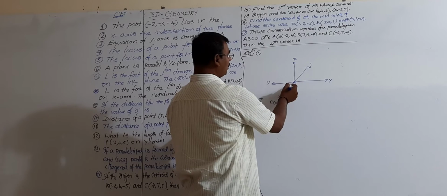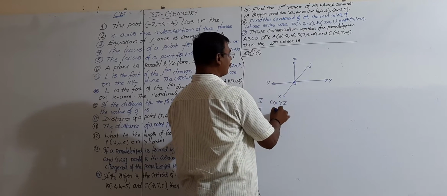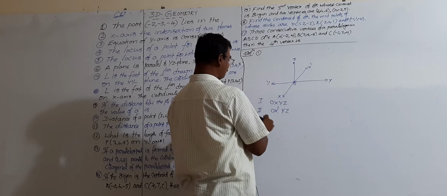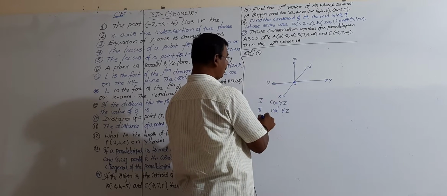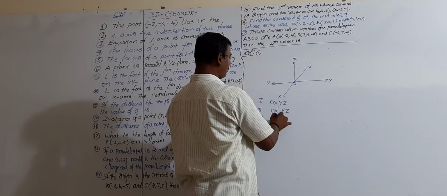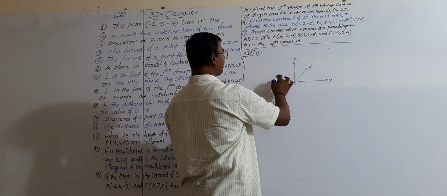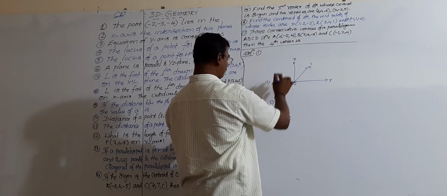Second octant O x dash y z. Octant number 3 O x dash y dash z. So, we remove these, this is only these 3. This is nothing but one octant.